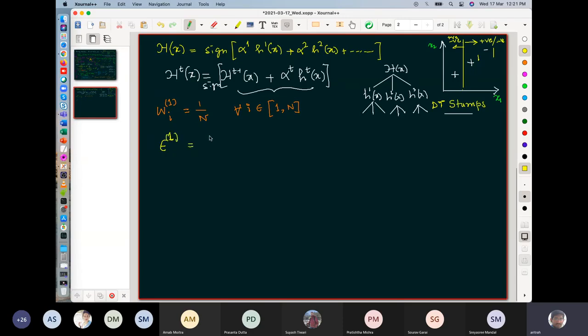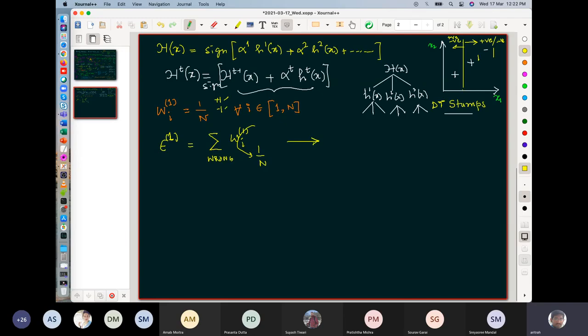What is the error that I make? It will be the sum of all the weights at time 1 which are wrong. That's the error, because it's a binary classification. Either you do +1 making a wrong or -1 making a wrong. Since it's +1 or -1, I can just add up how many points are wrong. So in this case, it is a summation of 1/n.